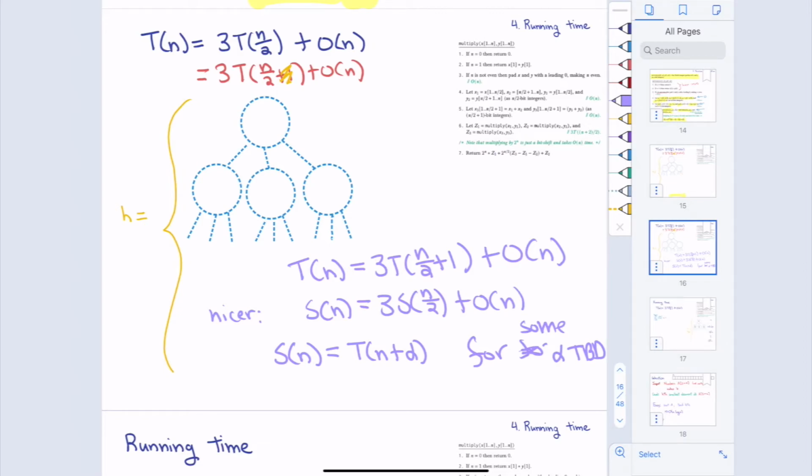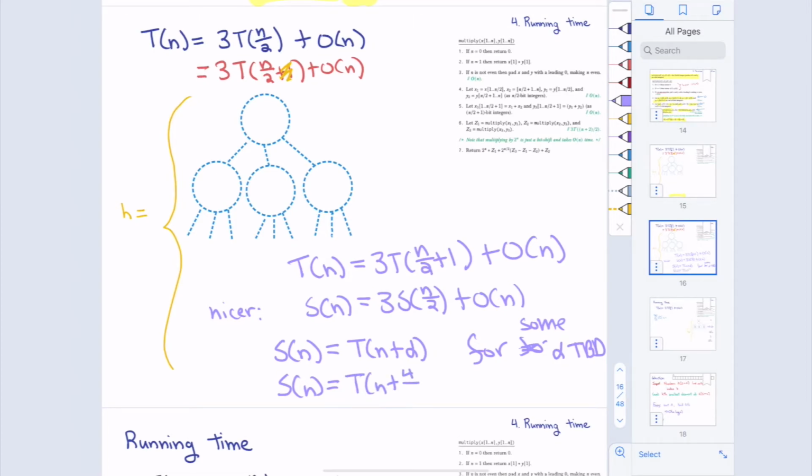As it happens for this one, if you had set S of n to be T of n plus 4/3, or 3/4, but I think 4/3, and I had substituted into here, I would get the nice recurrence. But there's also a mechanical way: if I want to get the nice recurrence, how do I choose a nice alpha?